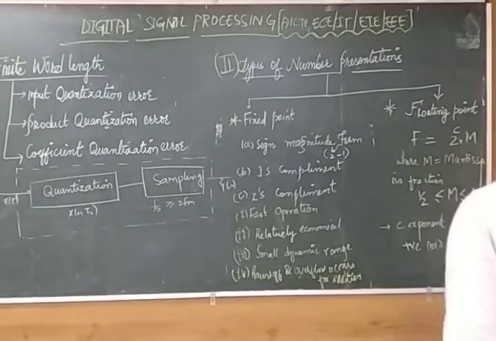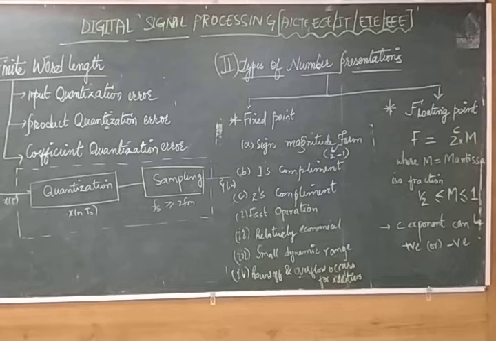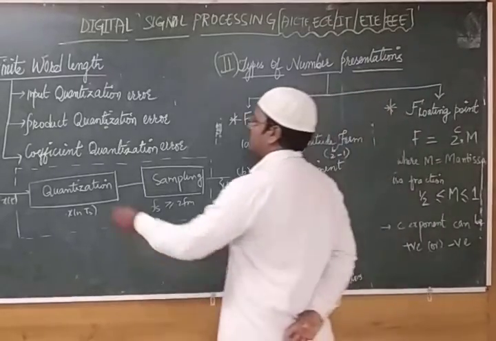Those errors are the input quantization errors. When we multiply two numbers, the errors we get are the product quantization errors. This arises at the output of a multiplier with a and b bits, when we round off the result.